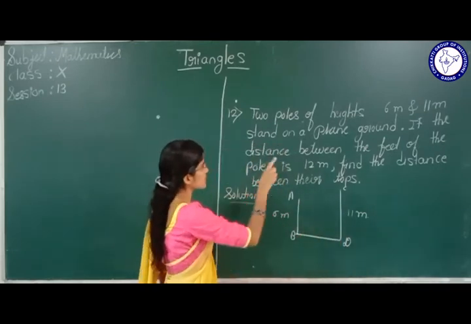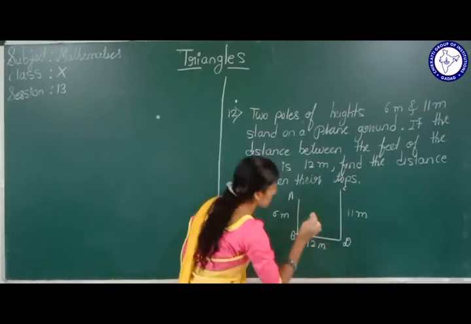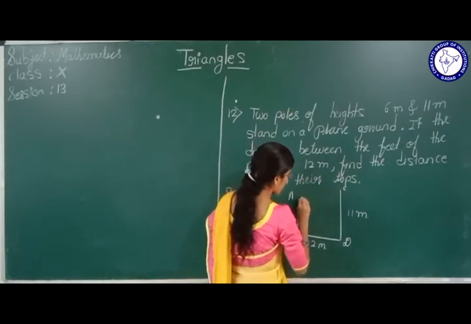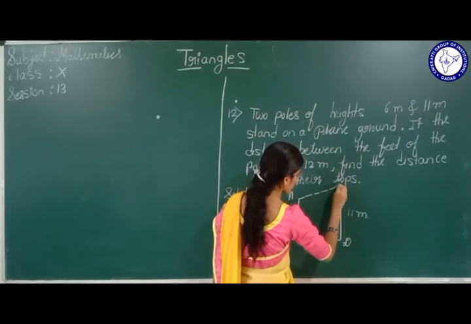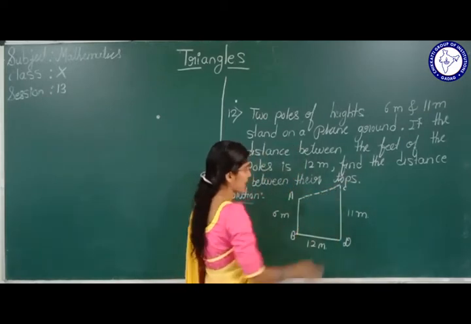If the distance between the feet of the poles is, what is given? 12 meter. Find the distance between the tops. We have to find the distance between their tops, that is AC.